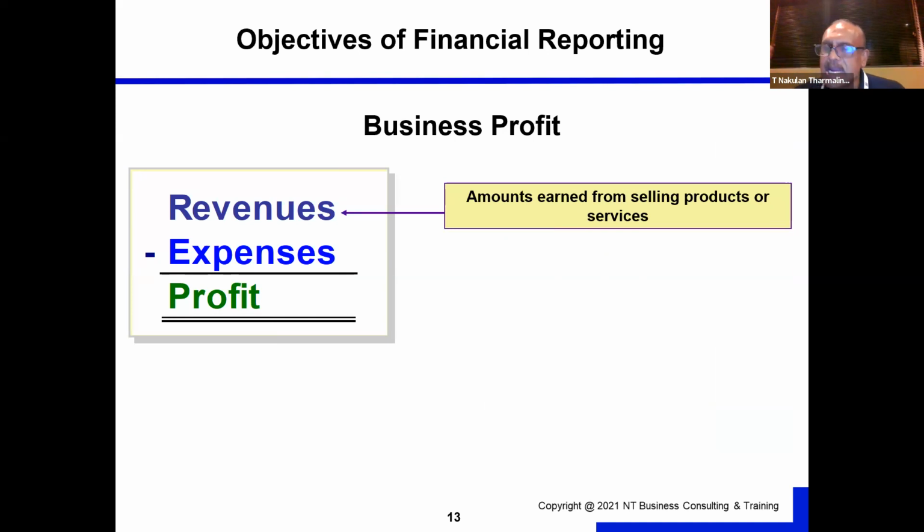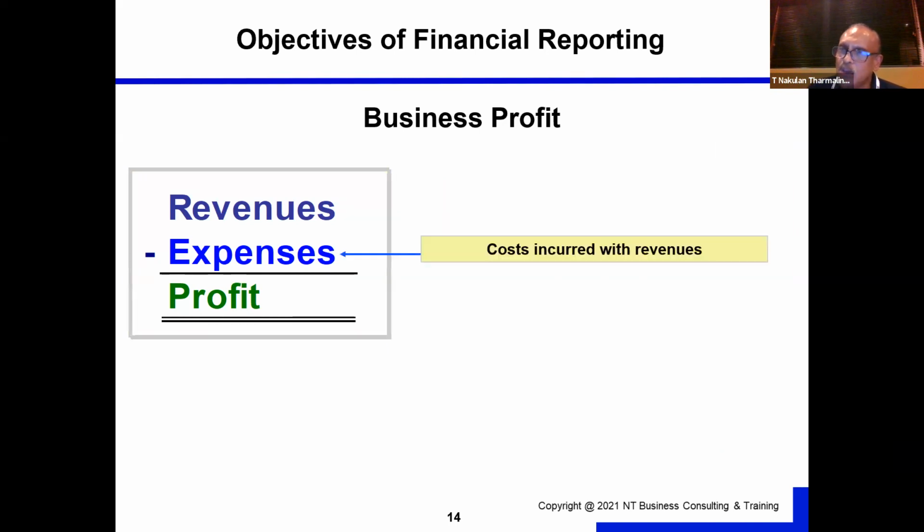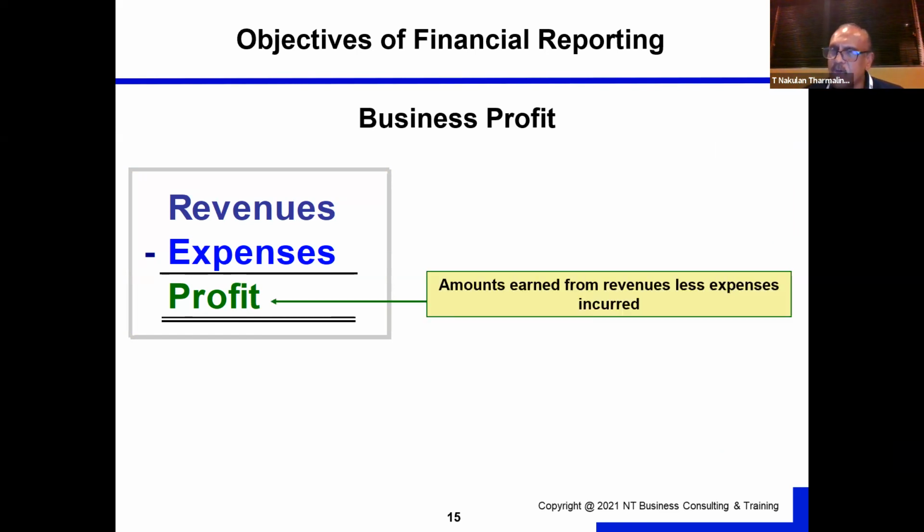The first line item in an income statement normally is revenues. Revenues could be you are selling products or you are selling services in the case of your law practice. So that's the first item on your income statement. In order to derive your profit, you will knock out all your expenses of your business against those revenues, and if your revenues are more than your expenses, it's very simply profitability.